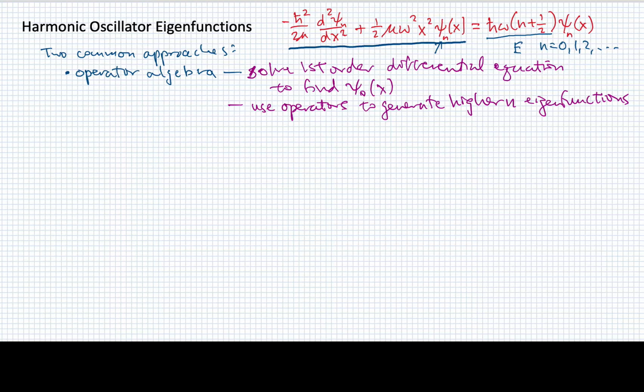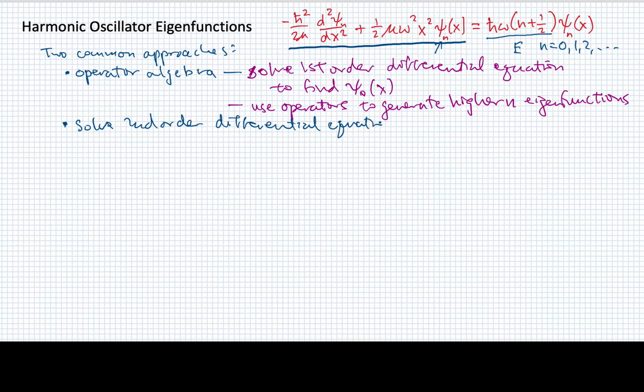All right, as I said, a first-order differential equation is certainly much more solvable, much more accessible than a second-order differential equation, but it does require a little bit of sophistication with operator algebra, and I'm not feeling that that's something necessary for you at this stage of your education, but something I hope that you'll file away and look into. The other one is to basically solve the second-order differential equation that the Schrödinger equation represents.